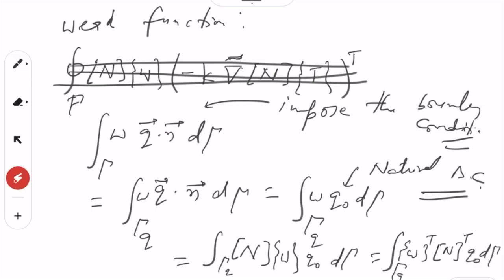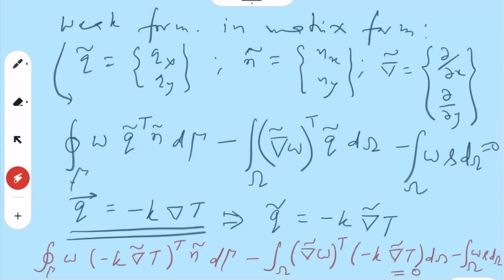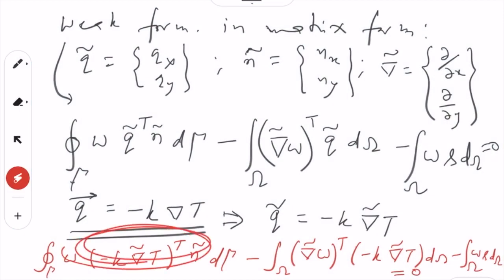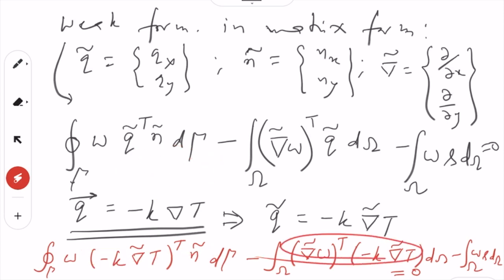So the first part of the weak formulation we write here. This we have taken care of, which came from the w q dot n.